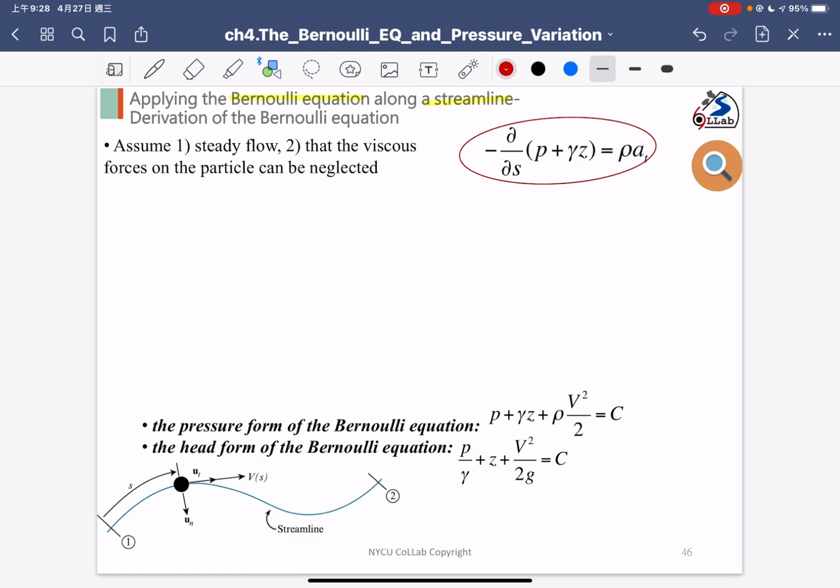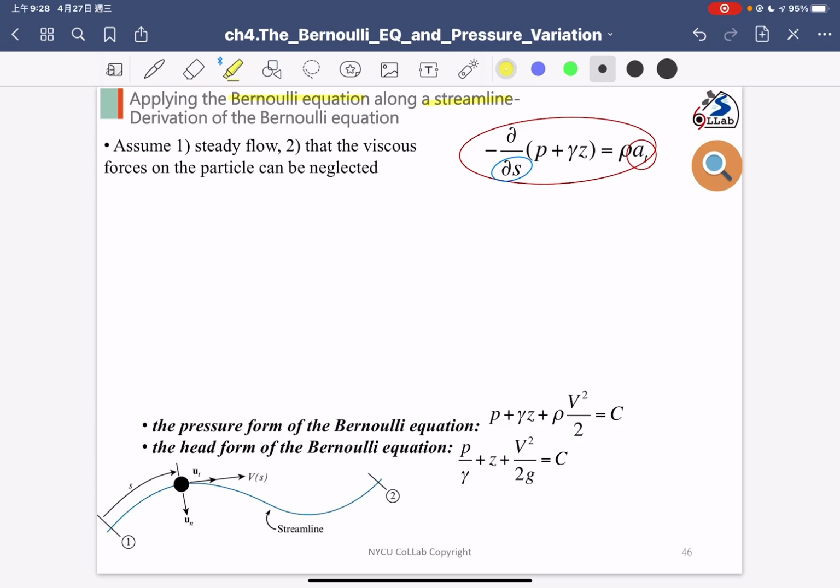And since I say we only focus on the Bernoulli equation along the straight line, you see that the differential is along the straight line, and the acceleration here is the tangential acceleration. Two assumptions are very important.